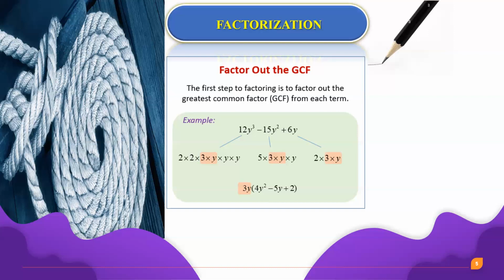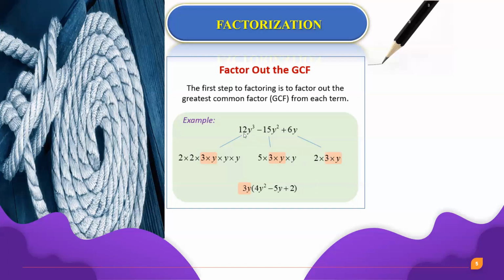For example, the number given to you here is 12y power 3 minus 15y squared plus 6y. When you look keenly, you'll be able to see that 12 is 2 times 2 times 3 times y times y times y. Likewise for 15 and likewise for 6.